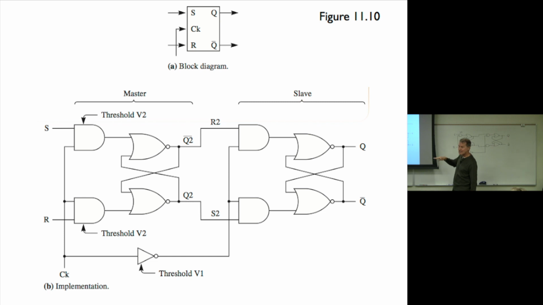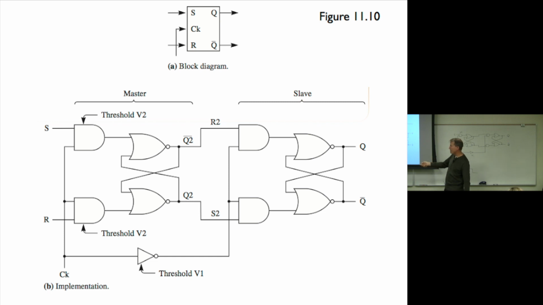Instead, it's higher than normal. And furthermore, they can design the threshold of this inverter down here with the threshold V1, which is lower than halfway. Is everybody clear on this?